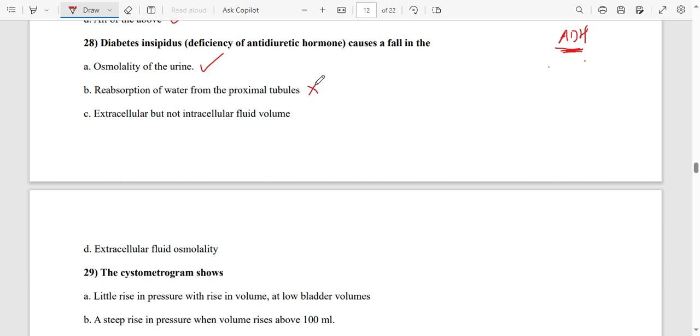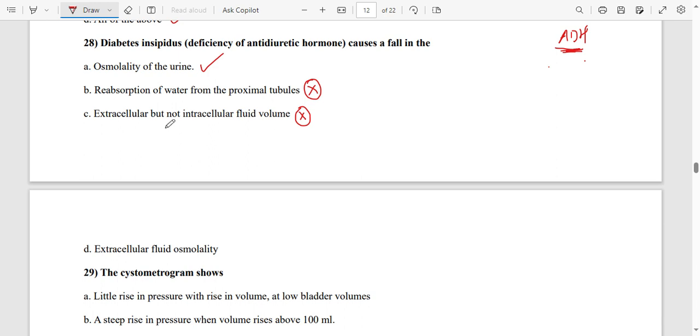Now, ADH doesn't affect proximal tubules, it affects the late distal tubules and the collecting ducts. Causes a fall in extracellular fluid but not intracellular fluid volume. Okay, not necessarily true. It is affecting water.